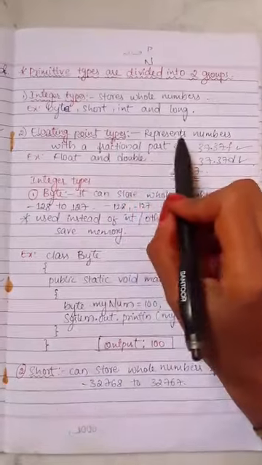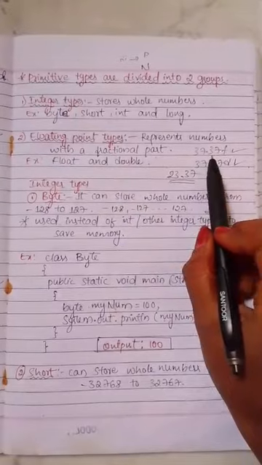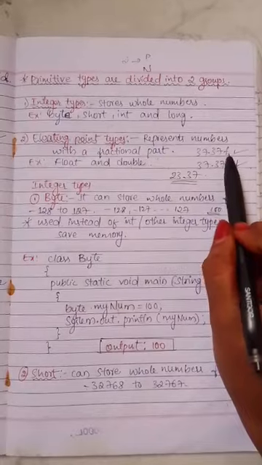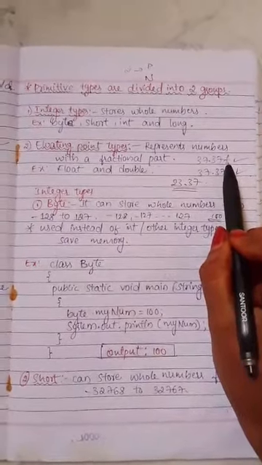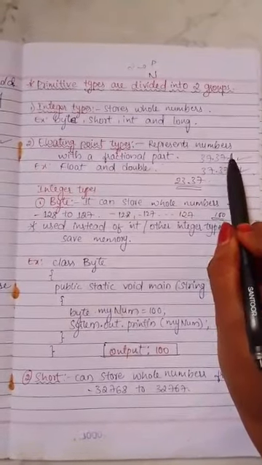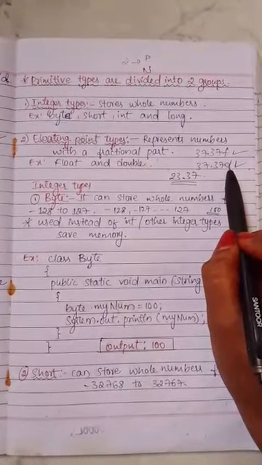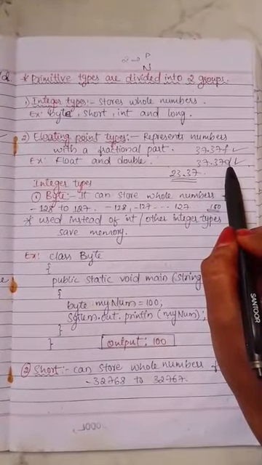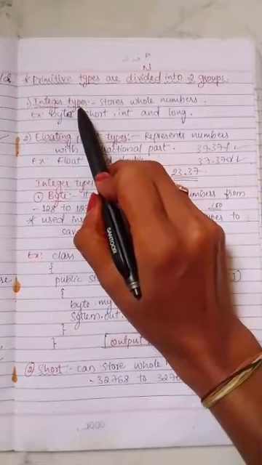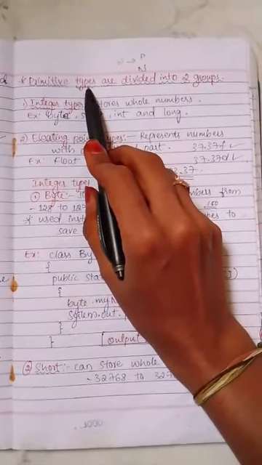Floating point types represent numbers with a fractional part, for example 37.37F or 37.37D, where F means this is float and D means this is double. At the end of the number we have to write F to represent float, D to represent double, to know which data type this is. Got it? These integer types and floating point types are the primitive data types.